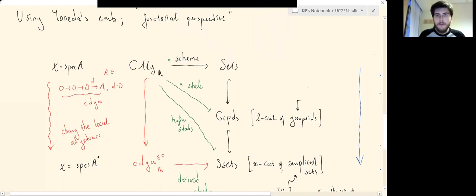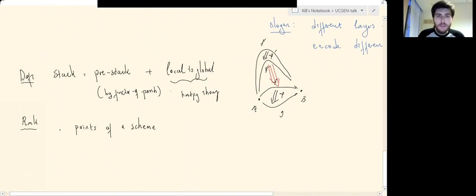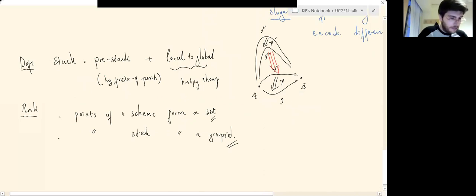Points of a scheme form a set, but points of a stack form a groupoid, not a set, as the local model will be a groupoid. We will come to that. This will be very important. So fine, that's all.